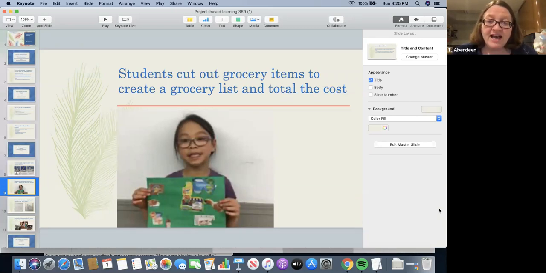Like this particular girl, she has dish soap on her grocery list, and she decided, I can't read, it's too small, but let's say it's $4. So she would give the price of each one of those items and then total the whole entire list. So is that a project or is that an activity?